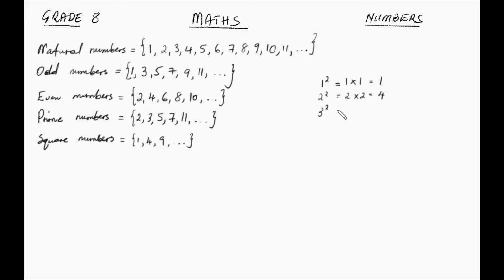Then 3 squared is 3 times 3, which becomes 9. So you need to understand that these values here, 1, 4, 9, are called square numbers, like we have just indicated here.